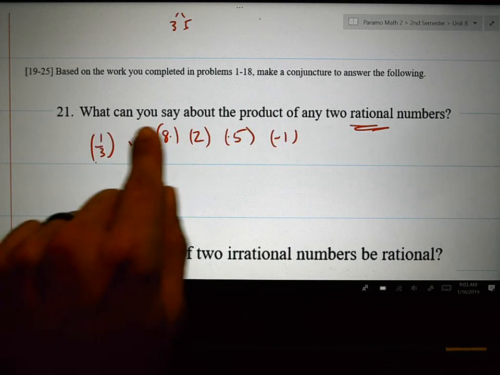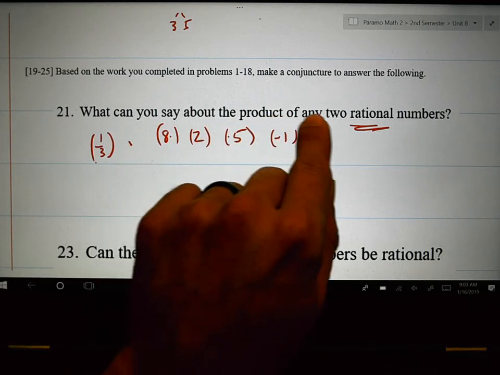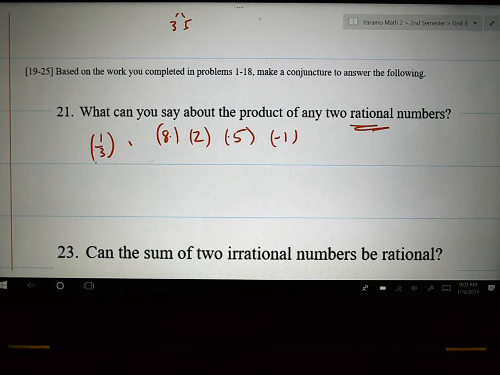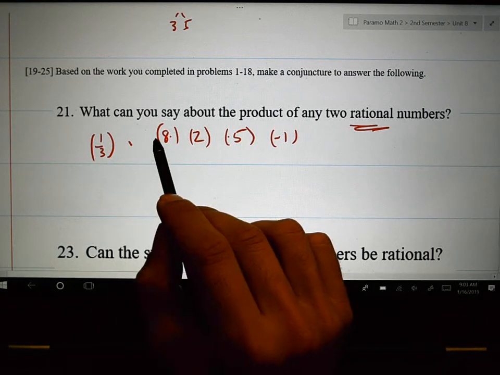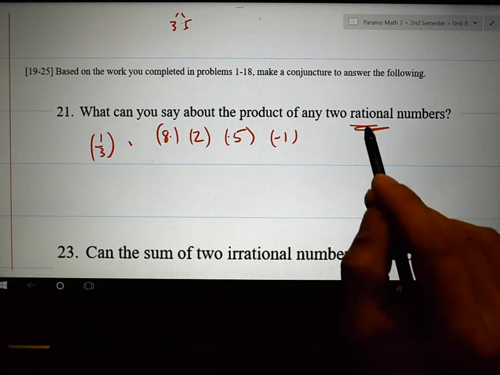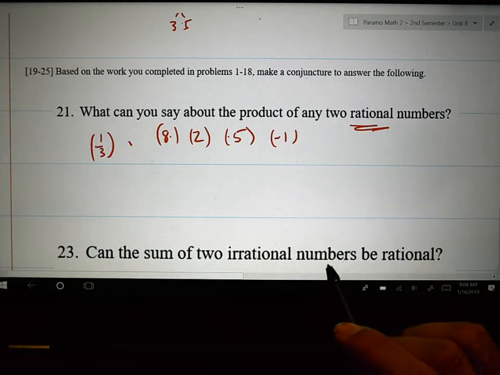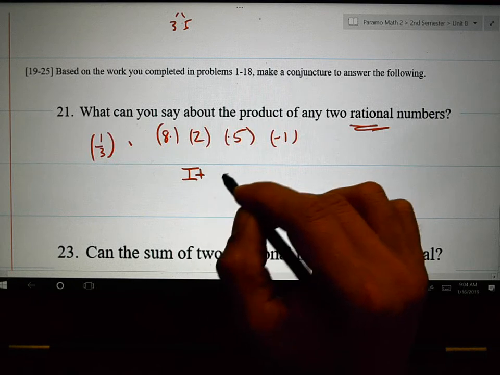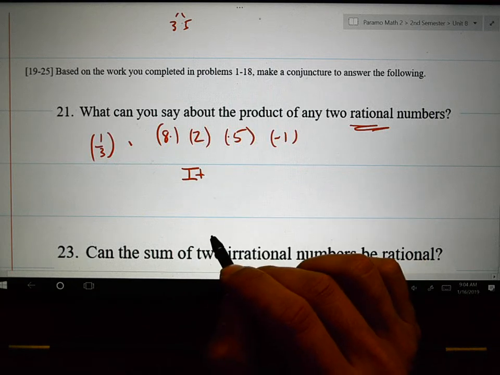What do I know about the product of any two rational numbers? A nice general statement. What's this times this? What's this times this? We don't want to say what each individual answer is. We got to make a generality about the whole thing. What can you say about it? Any ideas? I'm going to give you a little bit of a hint.